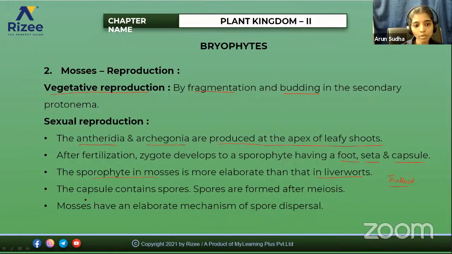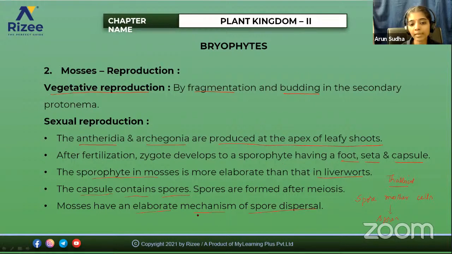And the capsule contains spores, because in the capsules are the spore mother cells. And these spore mother cells produce spores, haploid spores. And mosses have an elaborate mechanism for spore dispersal.